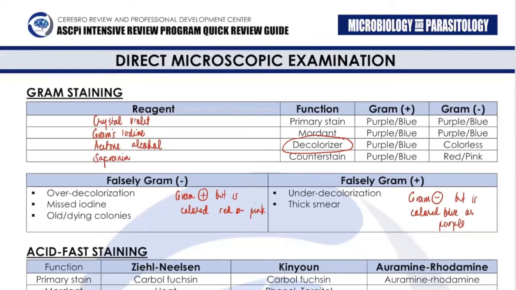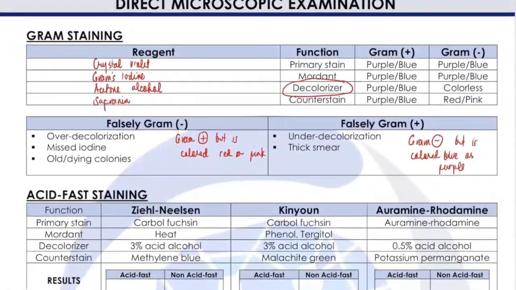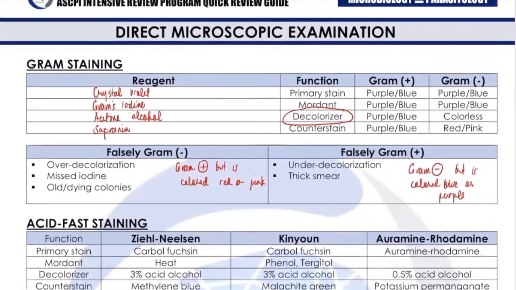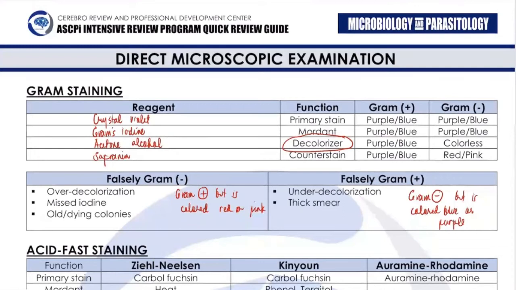Now let's go to acid-fast staining. Oh, by the way, what is responsible for the gram positivity of an organism? The substance responsible for the gram positivity of organisms is a thick peptidoglycan layer. This layer is also present in our gram-negative organisms, however it is just thin.